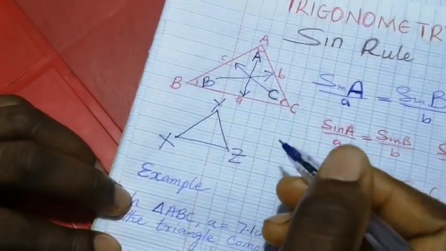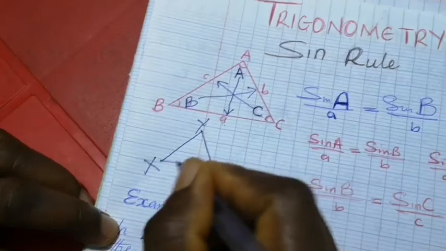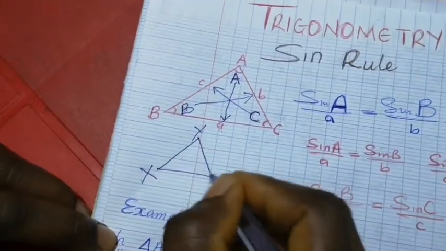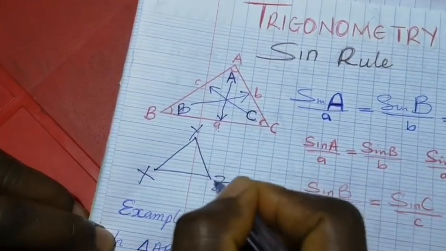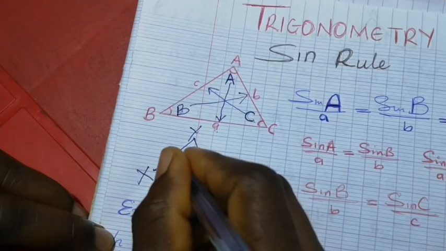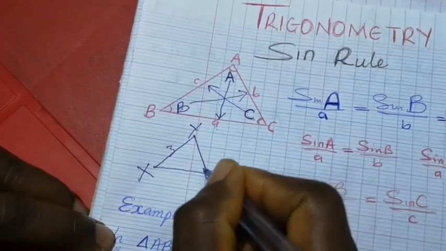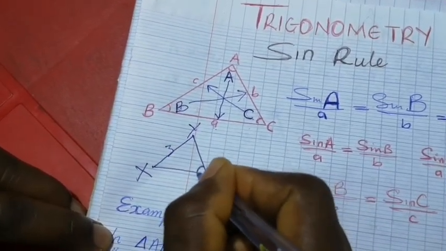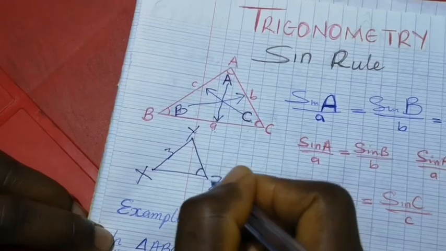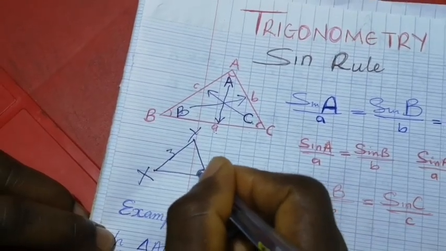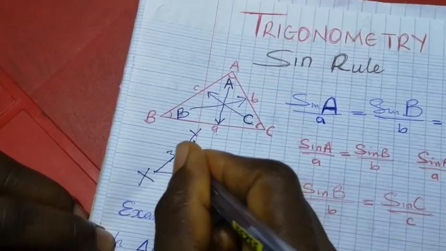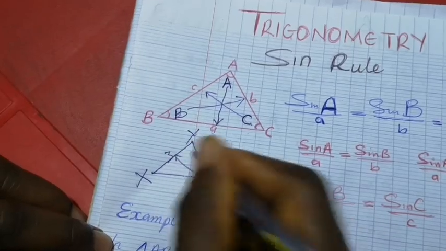Now if I want to label the sides of this triangle, look at where I will label small z, because this is where capital letter Z is, which is the angle Z. So the small z will now be here.